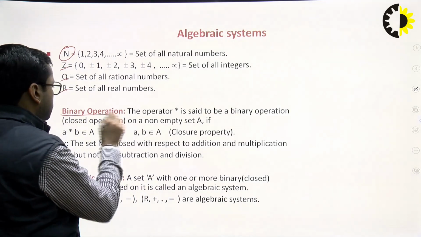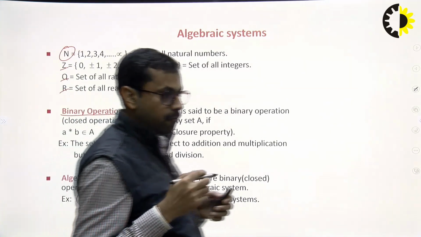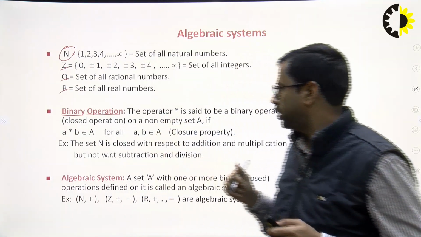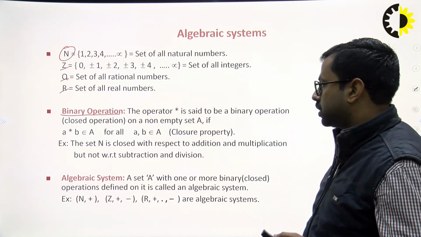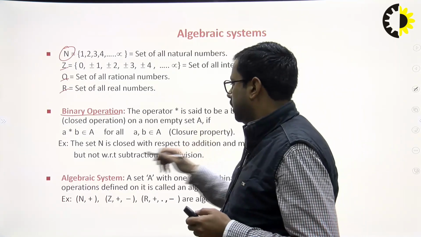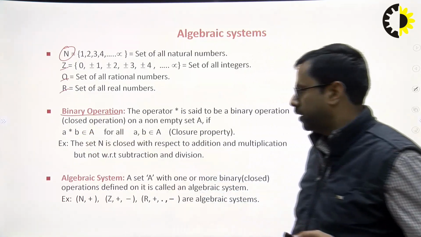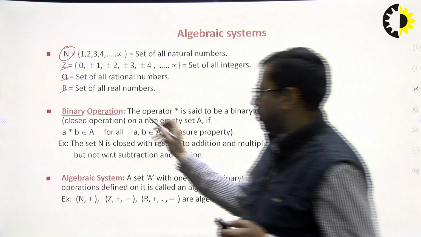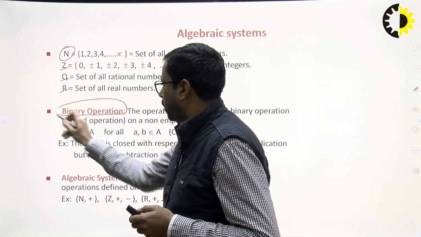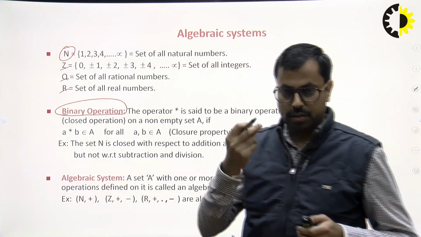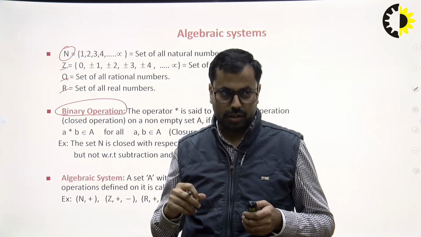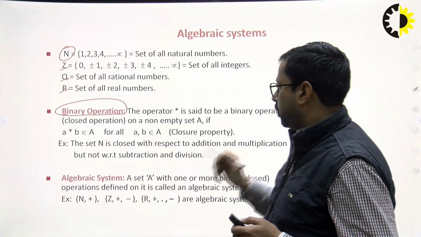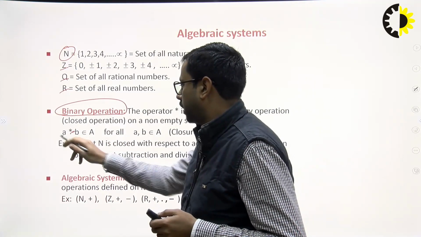The binary operation: specifically in digital logic, the operator star is said to be a binary operation, a closed operation on a non-empty set A if A star B belongs to A. That means a binary operation is one where at least two elements are considered and an operation is applied on them.